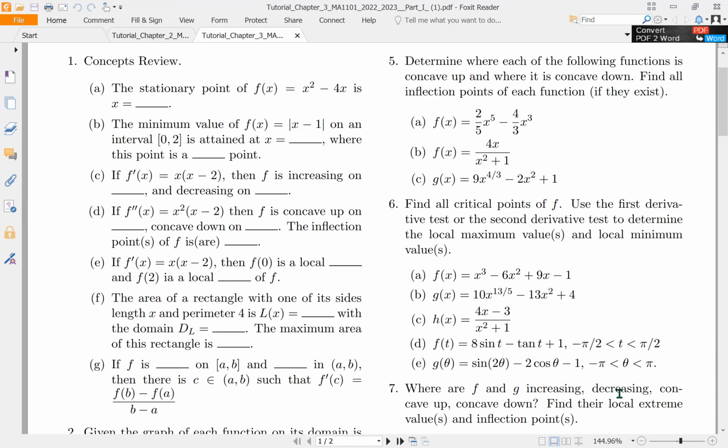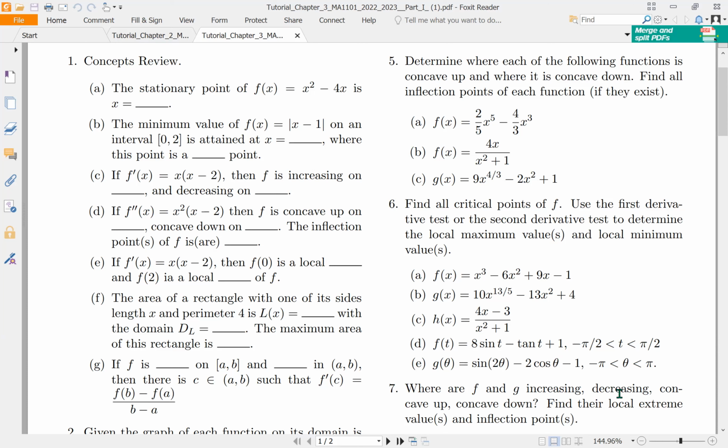Recall that if the derivative of the function is positive, then the function itself is increasing. On the other hand, if the derivative is negative, then f is decreasing.